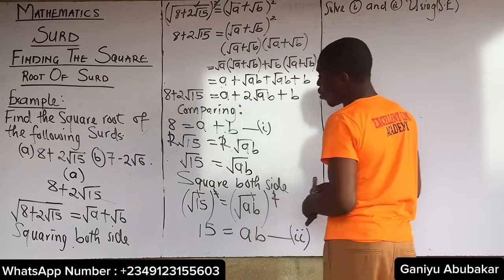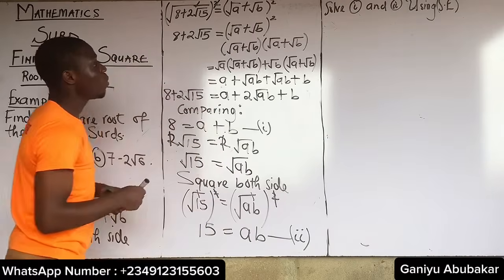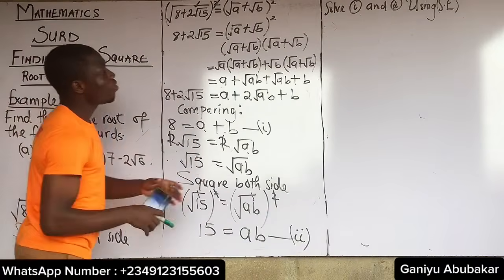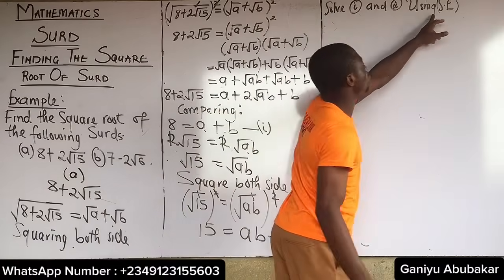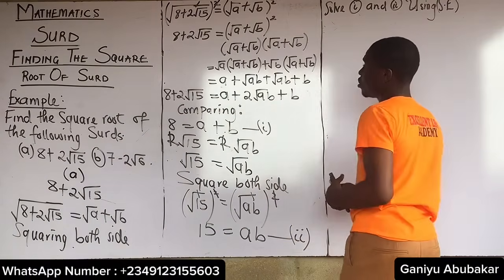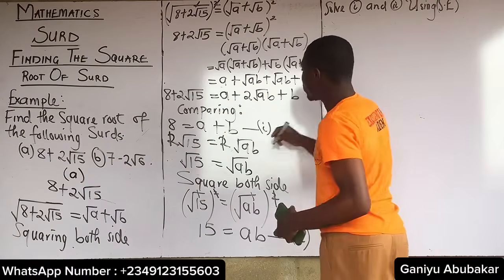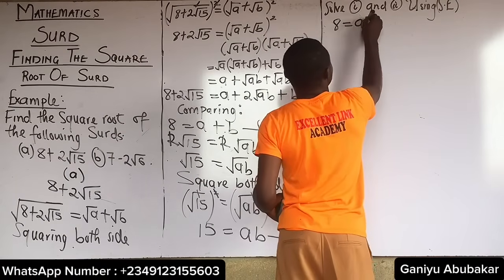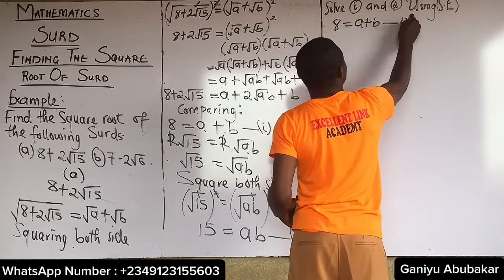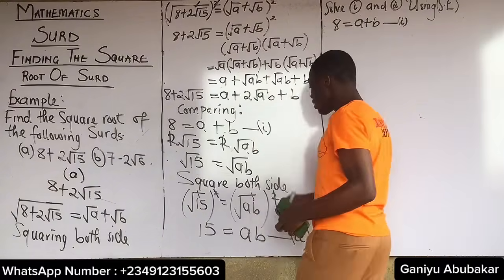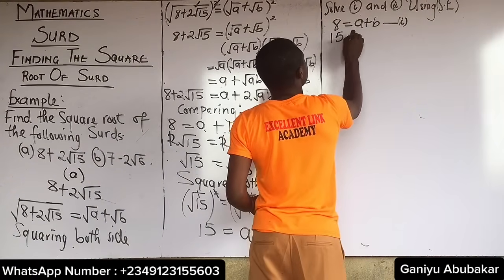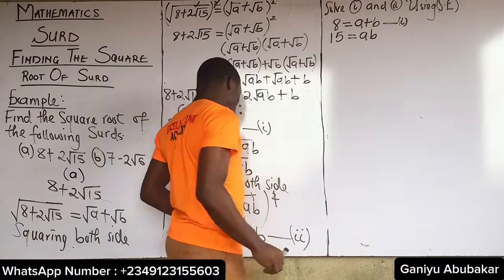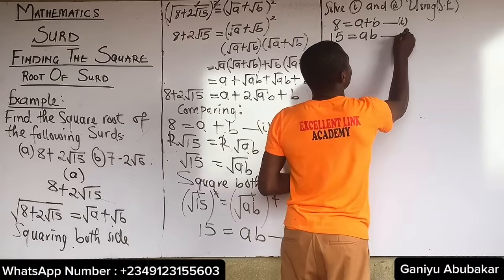Using the simultaneous equation concept, equation 1 becomes 8 is equal to a plus b. Call this equation 1. And equation 2 is given as 15 is equal to ab.